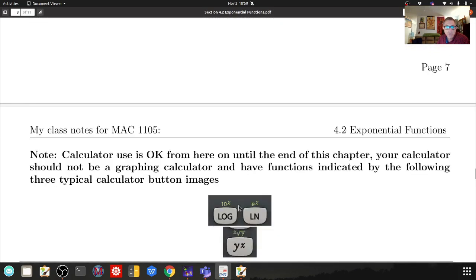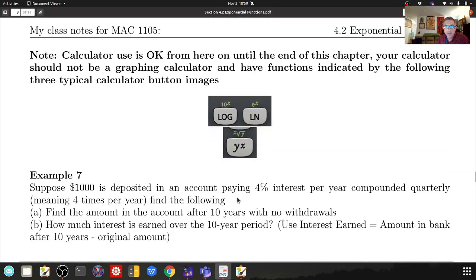So from here on out, calculator use is okay. I made this for my students in class. You all can use online calculators or calculators on your phone. You shouldn't use a graphing calculator, but you know, how am I going to know? So I'm just not going to worry about it for this class.